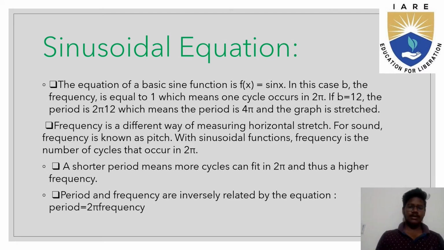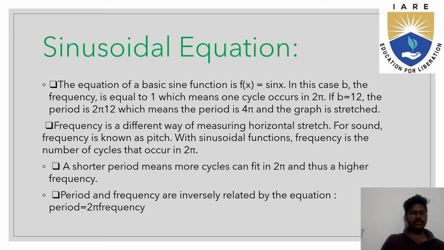A shorter period means more cycles can fit in 2 pi, and thus a higher frequency. The period and frequency are inversely related by the equation period equal to 2 pi by f, that is 2 pi by frequency.